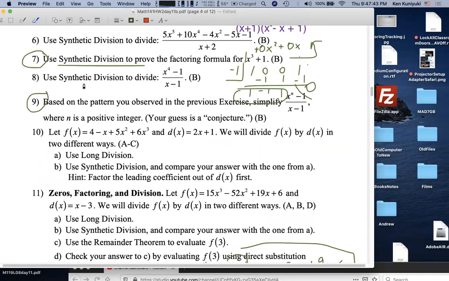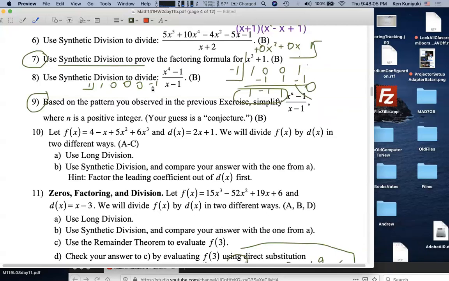I'm going to write kind of small here. We're dividing by x minus 1. 1 goes in the dunk tank. 1x to the fourth, and then you have a bunch of missing terms: 0x cubed, 0x squared, 0x, and then finally the negative 1.